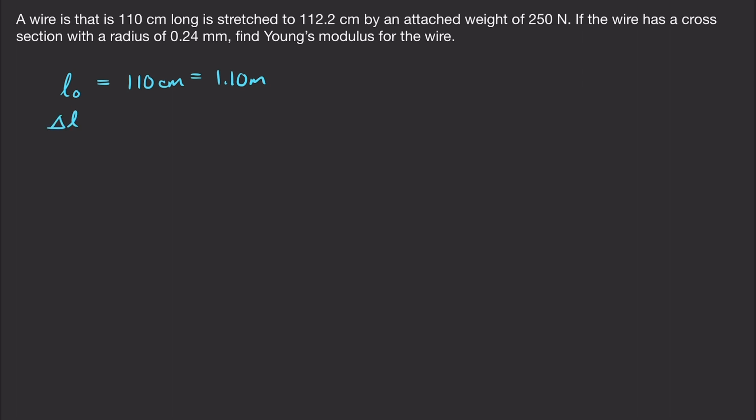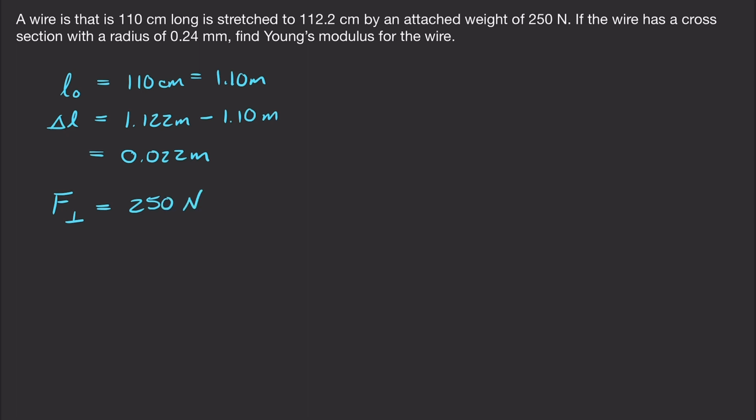Delta L, our change in length, would be 1.122 meters, so 112.2 centimeters, minus the original length, 1.1 meters, or 0.022 meters. Our force that's being applied is going to be 250 newtons.